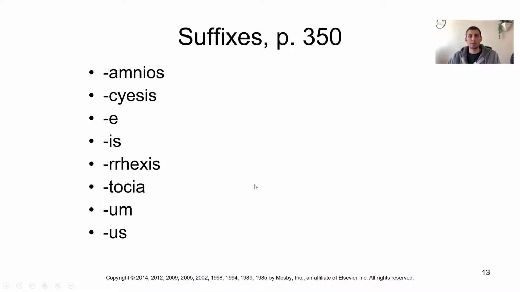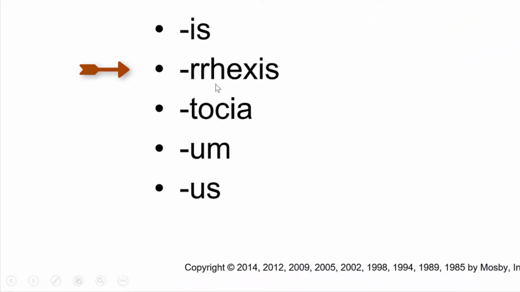Suffixes also on page 350. So amnios, we already mentioned that a couple times now regarding the amniotic fluid. Cyesis, specifically relating to a mother's pregnancy. The E or the IS is just there to make the words easier to say. They don't actually have any meaning to them whatsoever. Rhexis, or here we see that double RH component of the word.